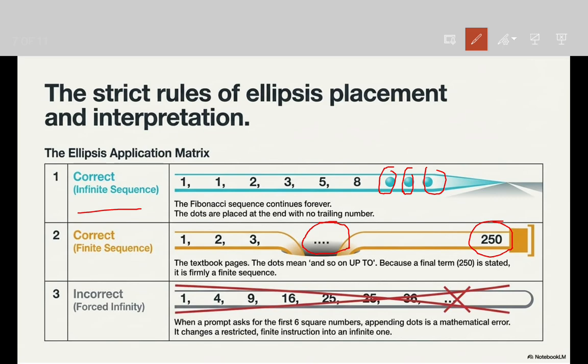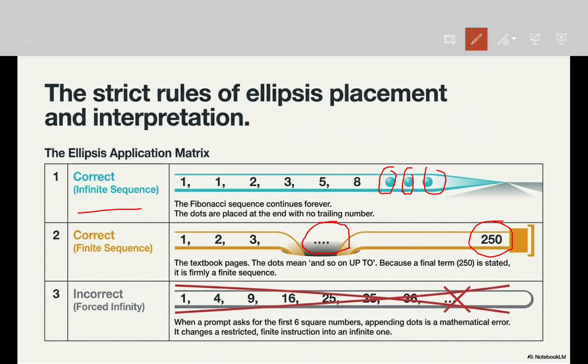This is an incorrect or false infinite. When a prompt asks for the first square numbers, this is correct, it can move on.